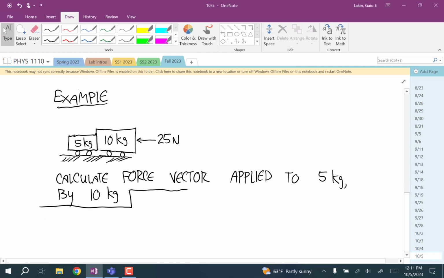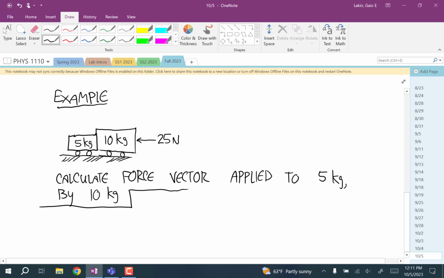Okay, so let me describe why it wouldn't work. If we're trying to calculate a force on the 5 kilogram mass, why not just isolate the 5 kilogram mass and then directly calculate that force? Well, think about the horizontal stuff going on if we isolate that 5 kilogram cart.